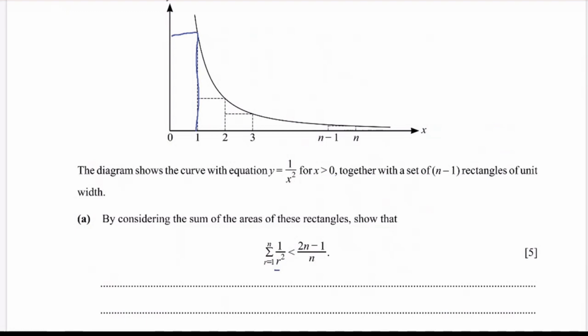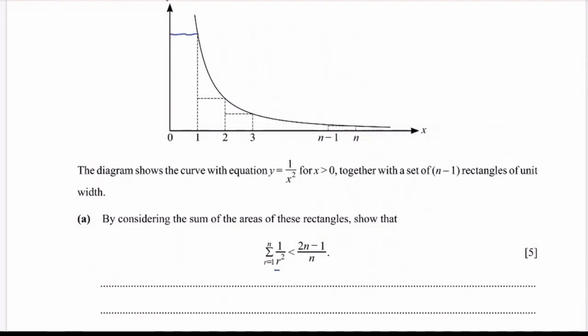But the thing is, in the diagram, we do not have that rectangle. So what could be the reason? It's because we can't really integrate from 0.